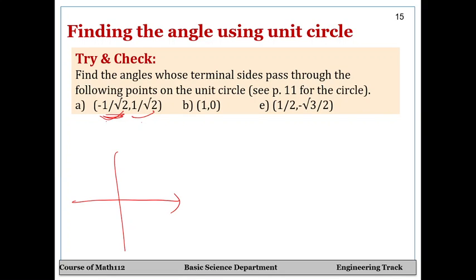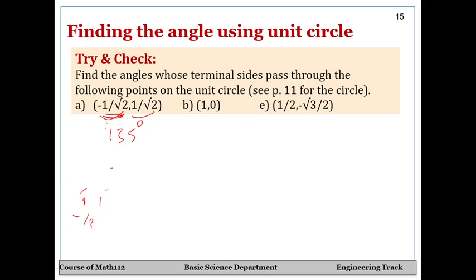This is in the second quadrant: -1/√2 and 1/√2. They're the same, so if you draw this figure as a triangle, you end up with 45 degrees. So what's the angle here? It will be 135 degrees. So this corresponds to 135 degrees.